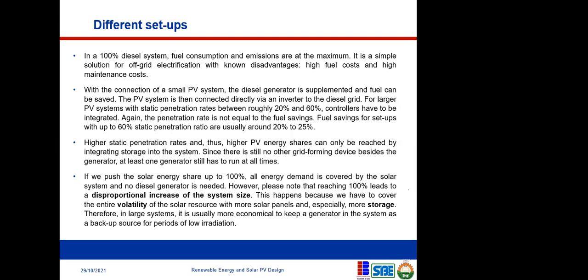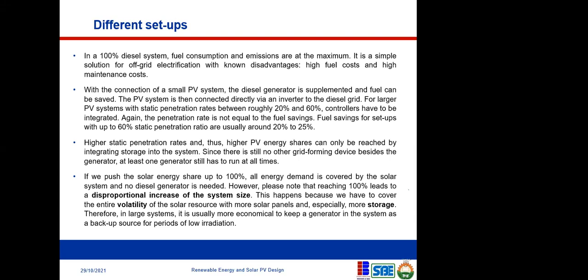Now, this happens because we have to cover the entire volatility of the solar resources with more solar panels and especially more storage. Therefore, in large systems, it is usually more economical to keep a generator in the system as a backup source for period of low irradiation.